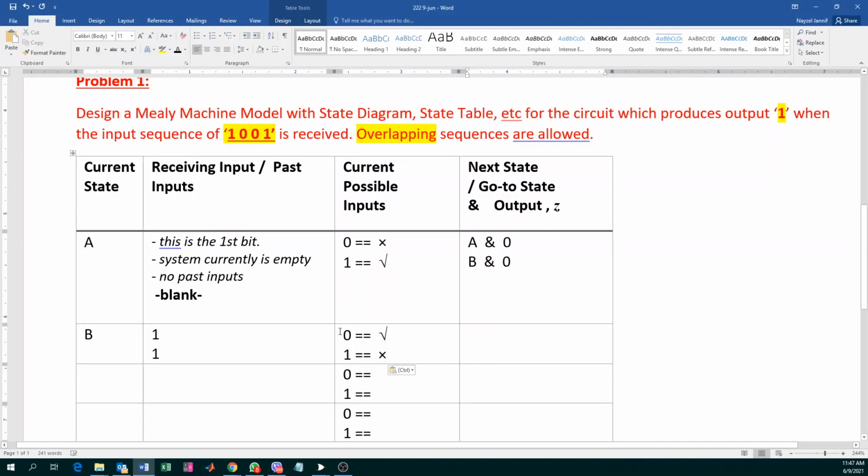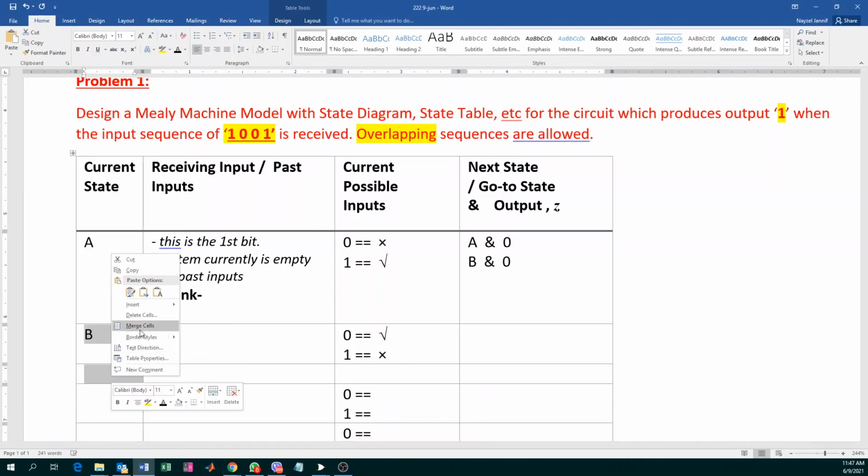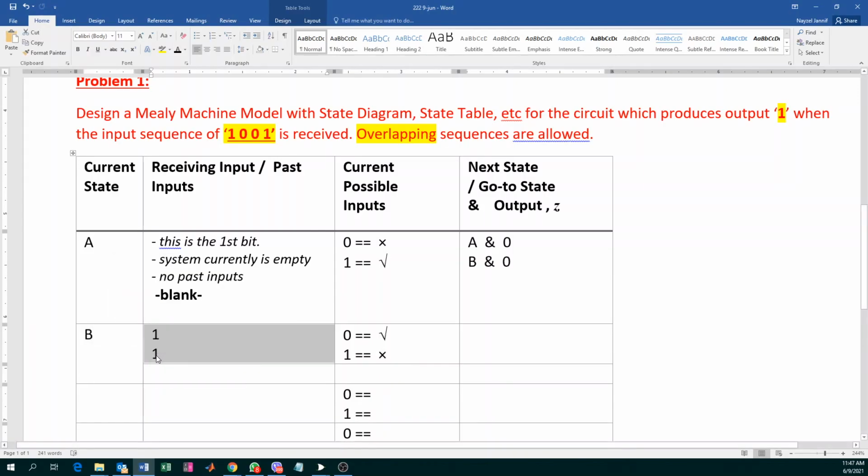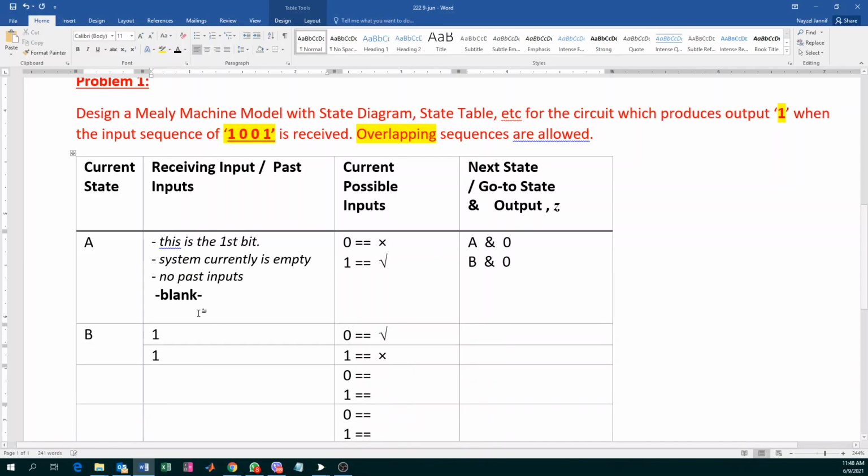Okay. So what happens over here, guys, if you have a 1 1? That's why I wanted to split this table actually. Wait, let me split it this way. Okay, what happens over here, guys? Well, you've got a tick, so you go from B to, where do you go to?